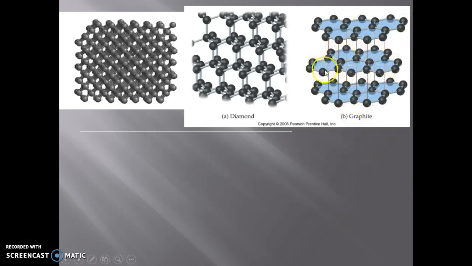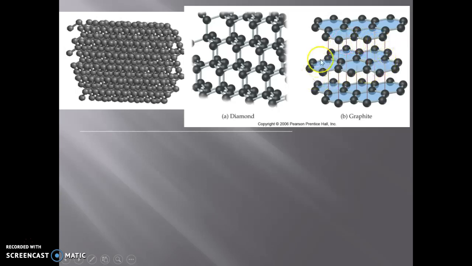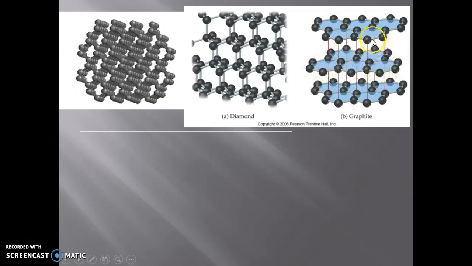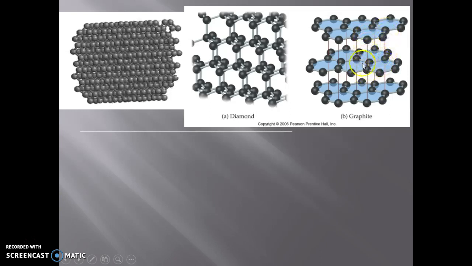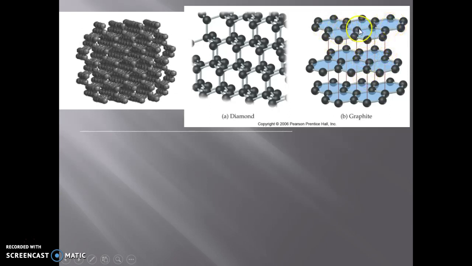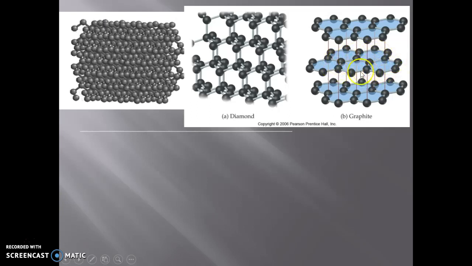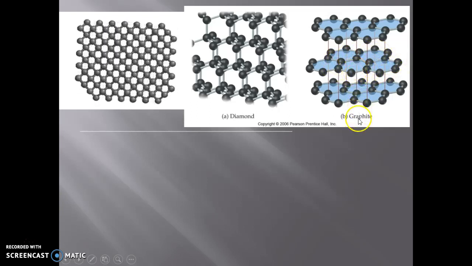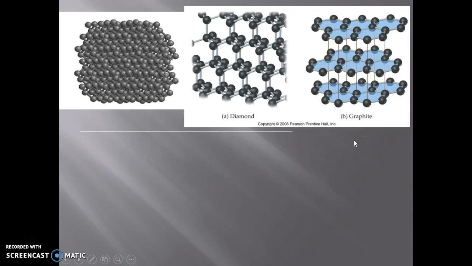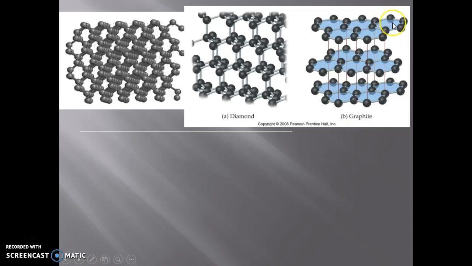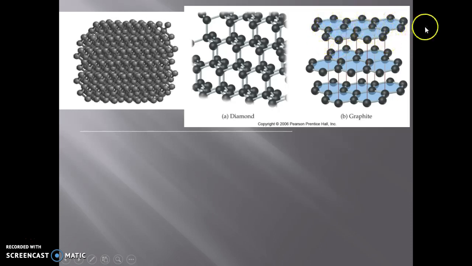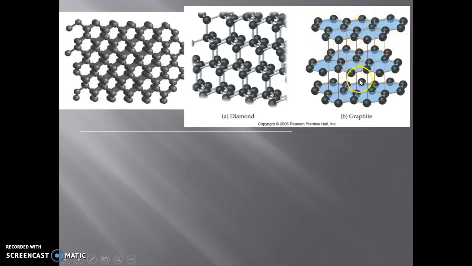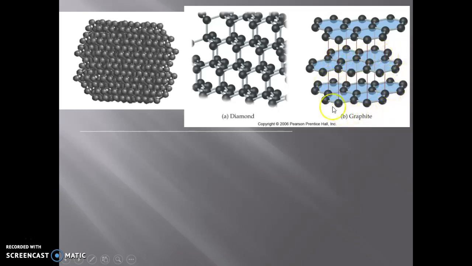Notice in graphite you have these 2-dimensional planes, and these are just London forces holding the atoms in one layer close to the atoms of another layer. When you write with a piece of graphite and push that pencil down on the paper, you're sloughing off one of these layers and letting it stick to the paper. And then in the pencil tip, the rest of it goes.